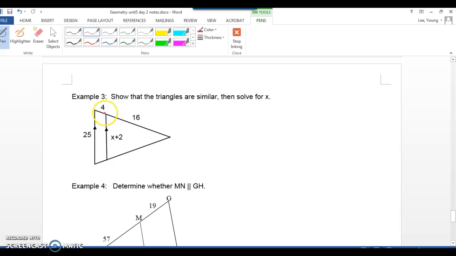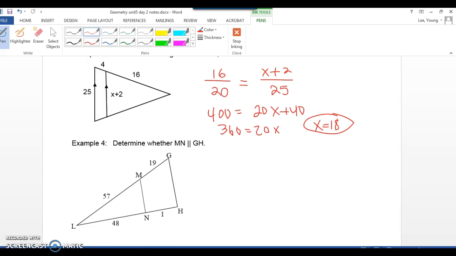So the small triangle is 16 over the big triangle, which is 16 plus 4, which is 20, equals x plus 2 over 25. Correct? Why don't you pause the video and solve the problem. Once you're done with number 3, you can check your answer. The answer is x equals 18.